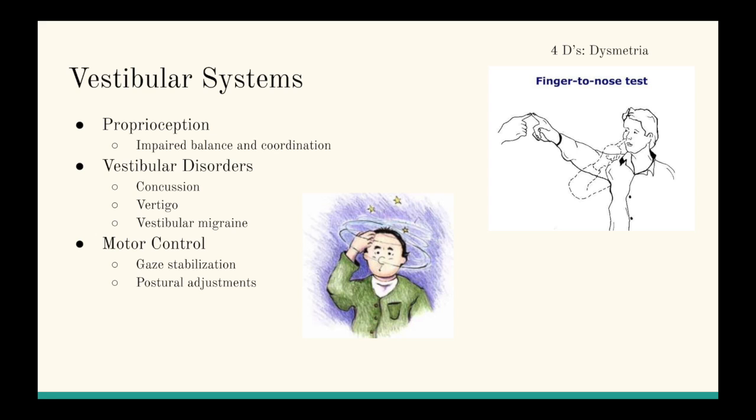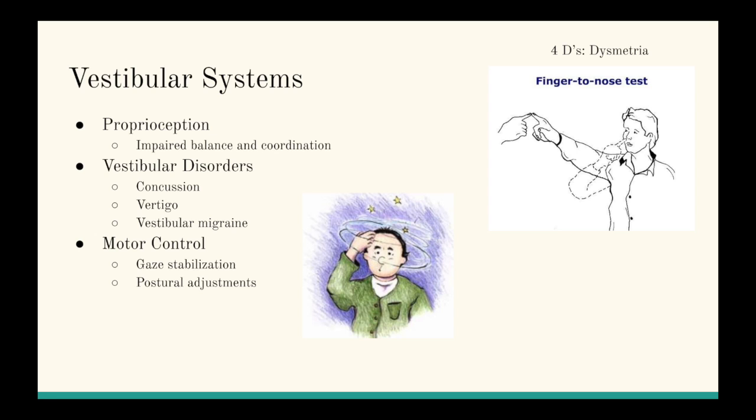The Dix-Hallpike test can be done on an individual to determine if he or she has positional vertigo. One with a TBI might also experience vestibular migraines, which cause repeated dizziness or vertigo.